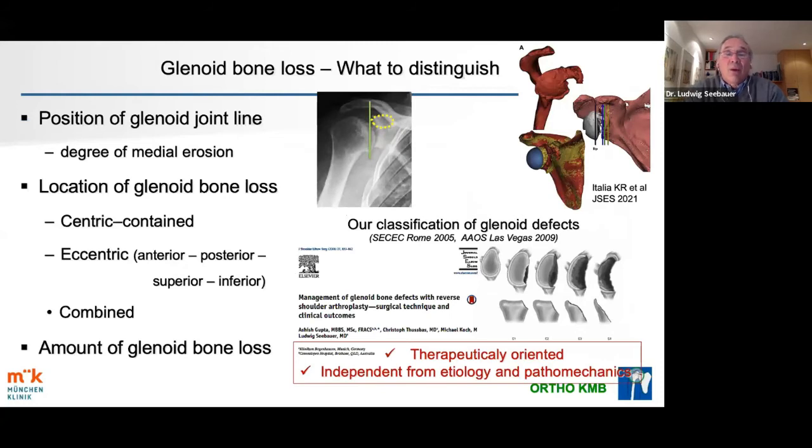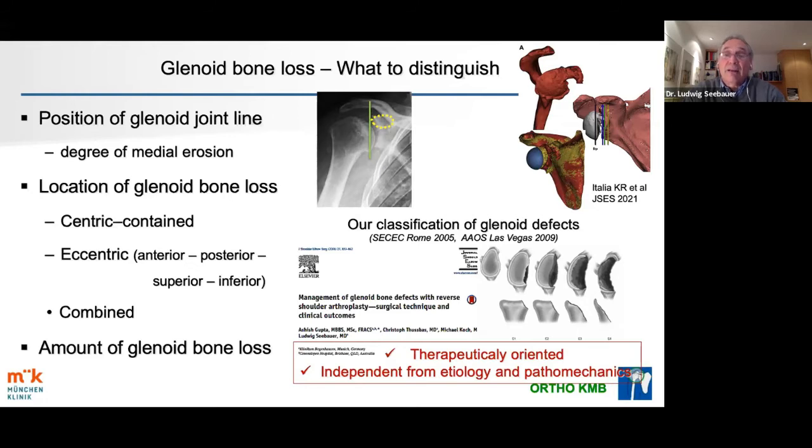And we also have to learn that glenoid bone loss has a very significant influence on the joint line in the coronal plane. The coronal plane is very decisive, as Saad has shown, for the lever arms of the deltoid, and for other things like stresses to the acromion and stresses to the scapular spine, which is very important.